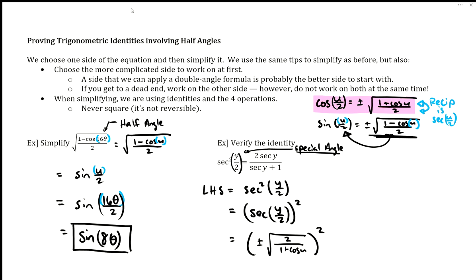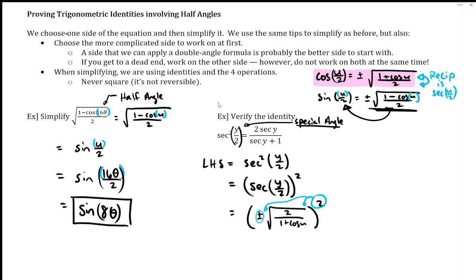Well, this square squares the square root, which will eliminate it, and it will square the plus and minus. A positive getting squared is positive, and a negative getting squared is still positive, so it works to change this into just pure positive. The square root and the square cancel, and it's automatically positive.